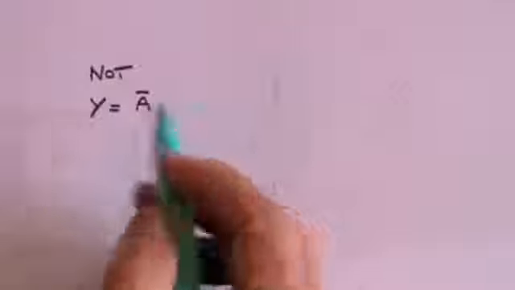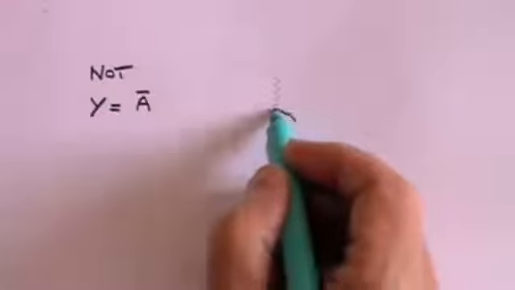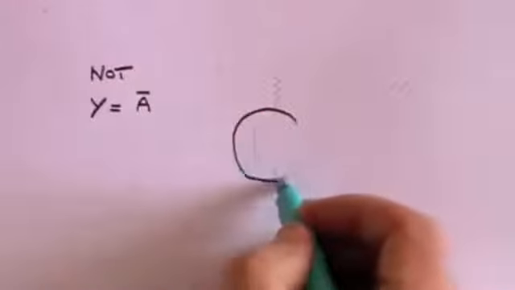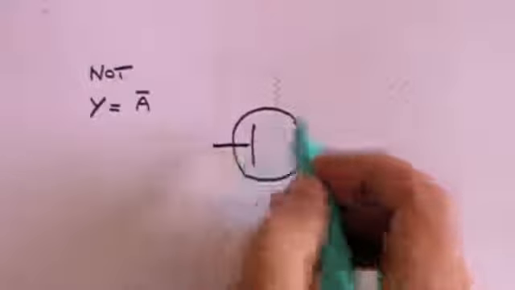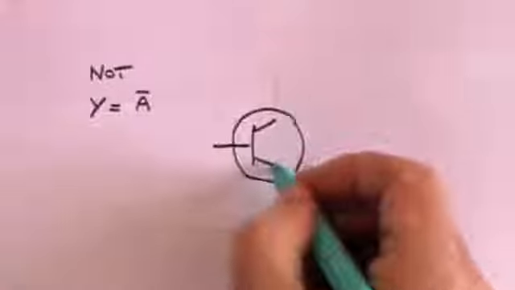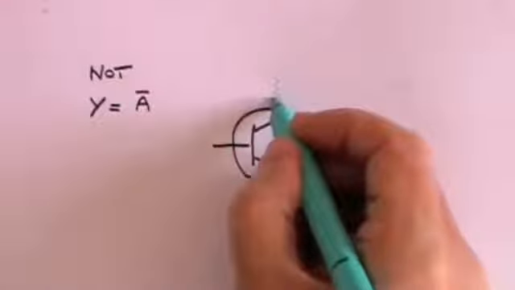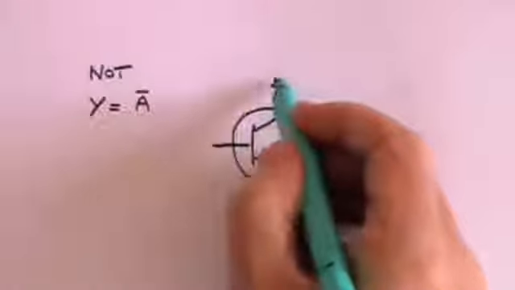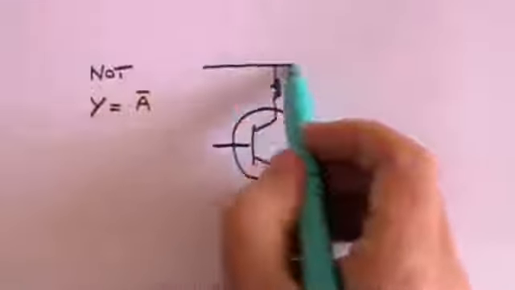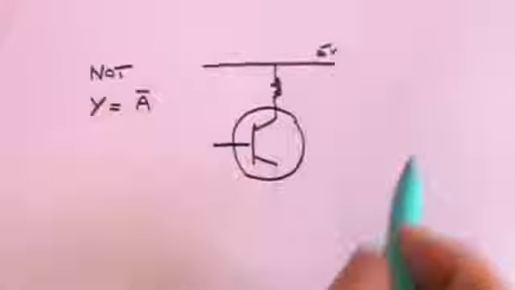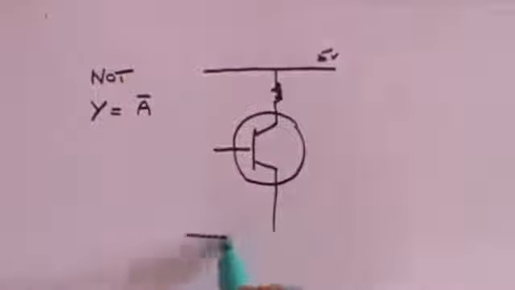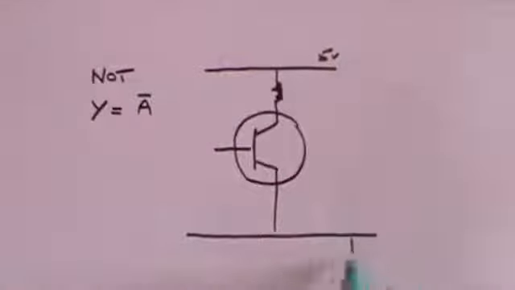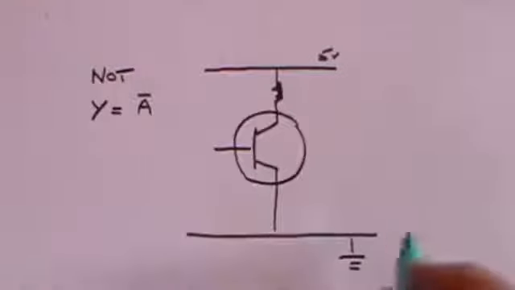That's what we mean. And we're going to start off with a transistor with a base input, and we're going to go up via a resistance to a 5-volt battery, and this end we're going to come down to 0 volts, which means essentially it's grounded.